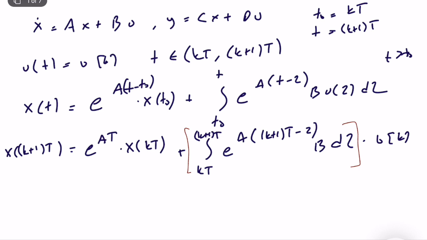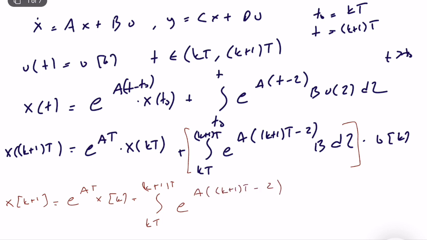So x[k+1] equals e to the power AT x[k] plus the integral from kT to (k+1)T of e to the power A((k+1)T minus tau) B d tau, times u[k].